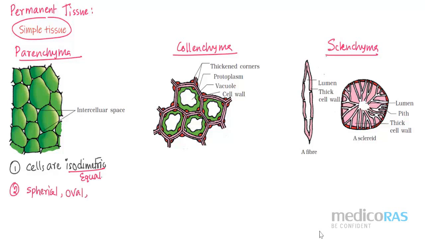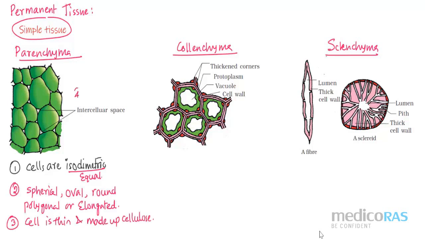It may be oval, round, polygonal or elongated. Its cell wall is thin and made up of cellulose. As you can see here, we have written the intercellular space. It may have small intercellular space, or intercellular space may be absent.